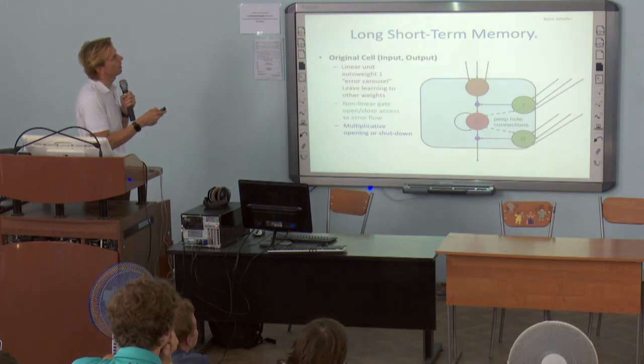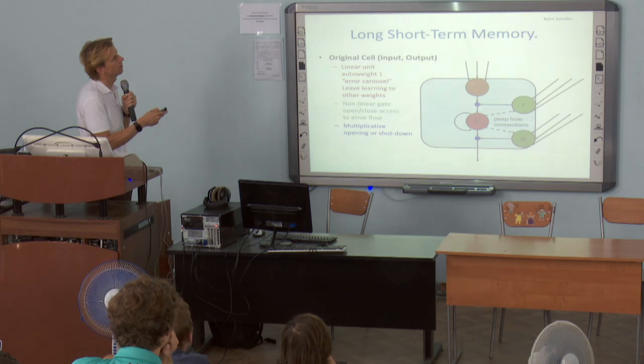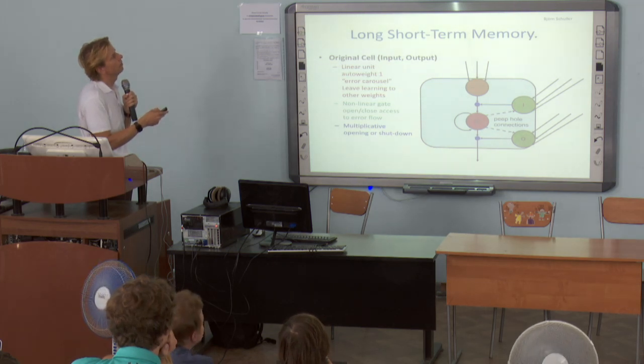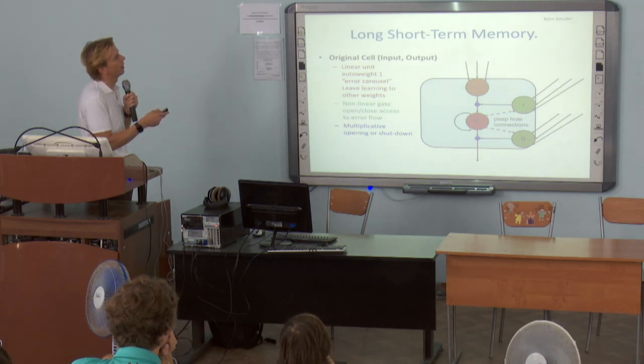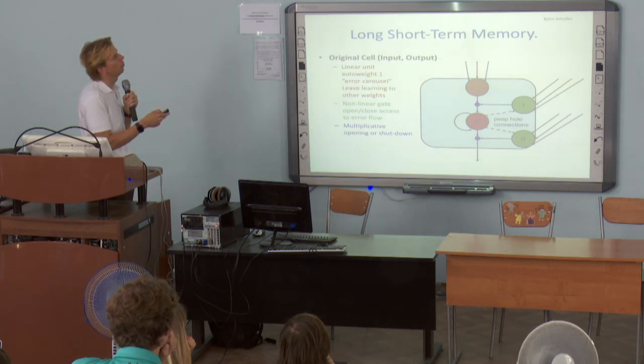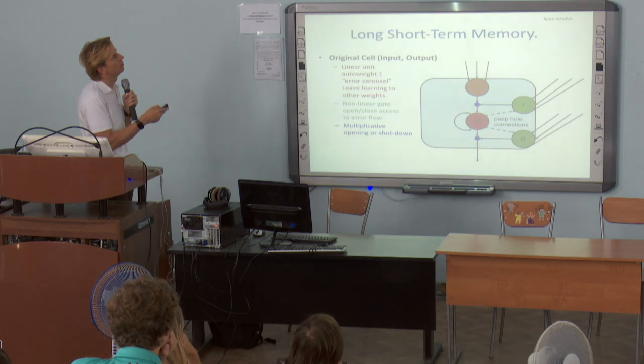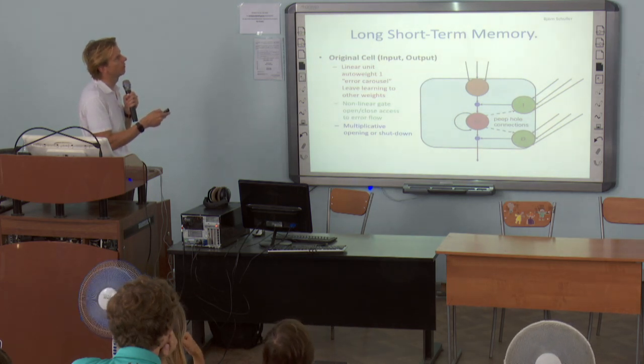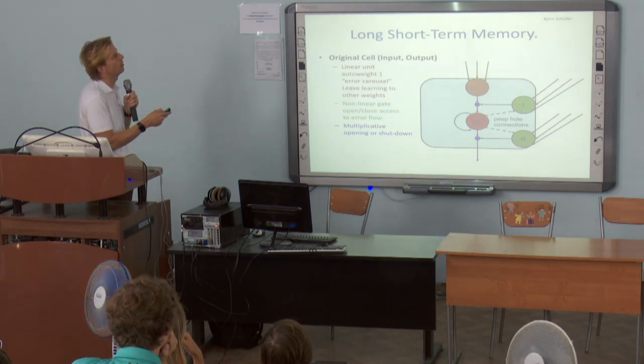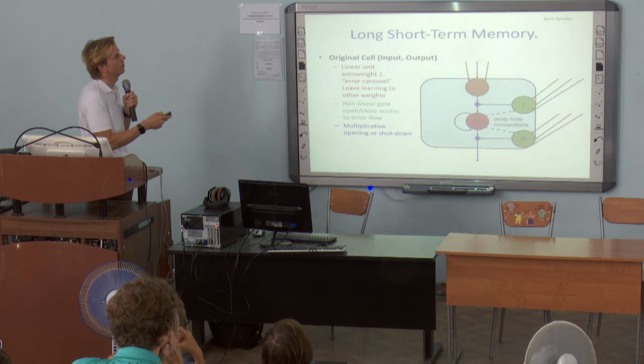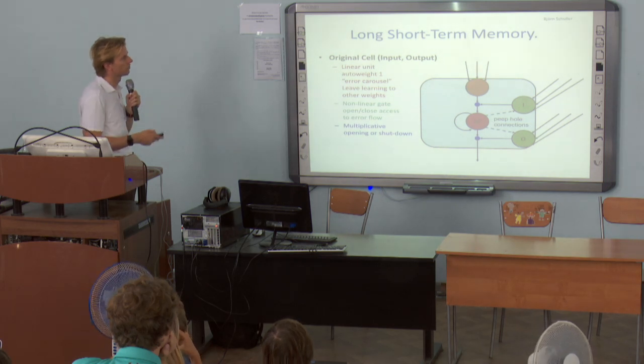In other words, this gate also has a threshold decision function, and if the value gets very high, it triggers to 1, or if it's very low, it triggers to 0, and hence opens or shuts down the memory by weighting the output of the perceptron times 0, therefore multiplicative, or times 1, and likewise forwarding it into the input of the memory or not.